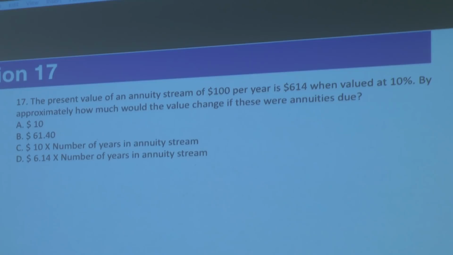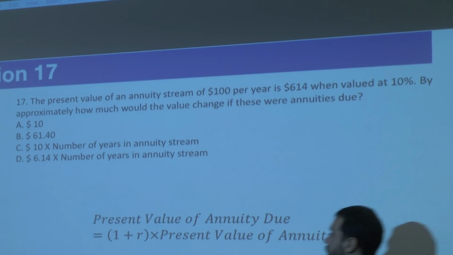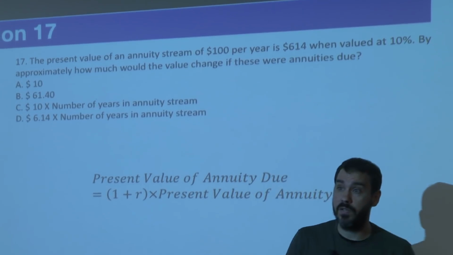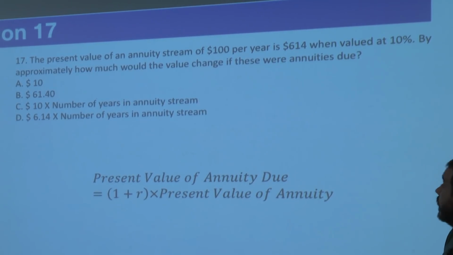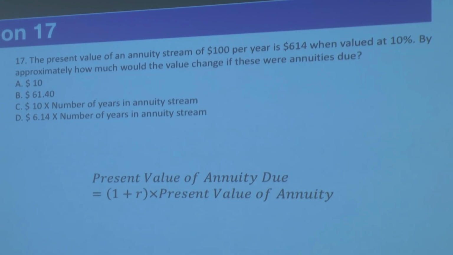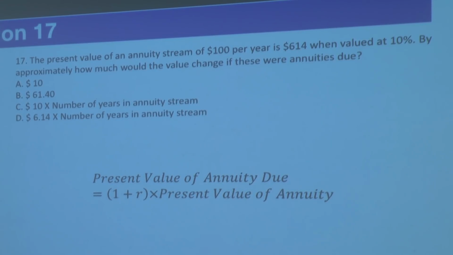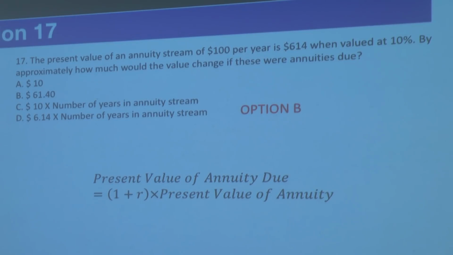How did you come up with that number? Again, the difference is a factor of 1 plus r. In this case, 1 plus r is 1.1. So 1.1 times 614 is 61.4. Okay?